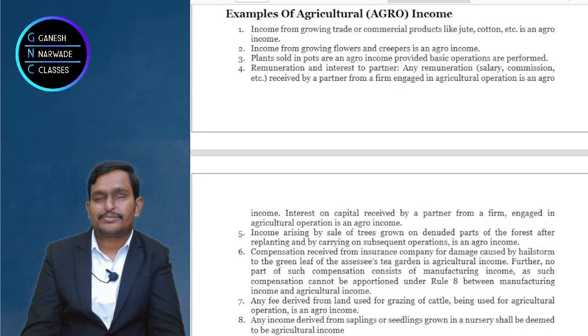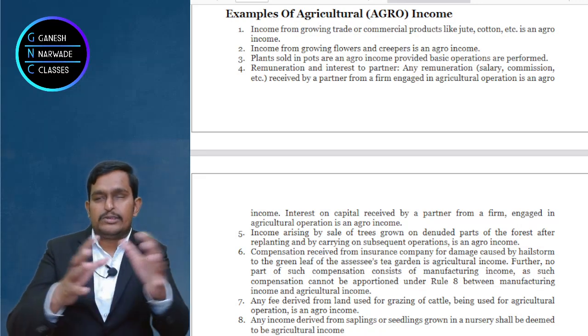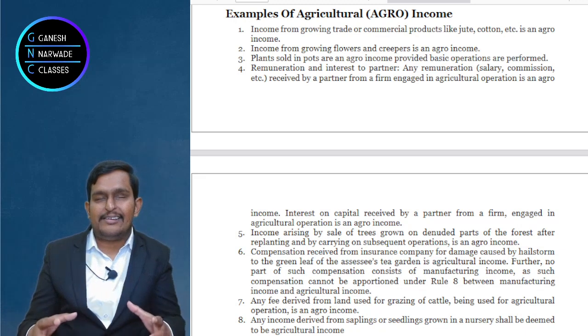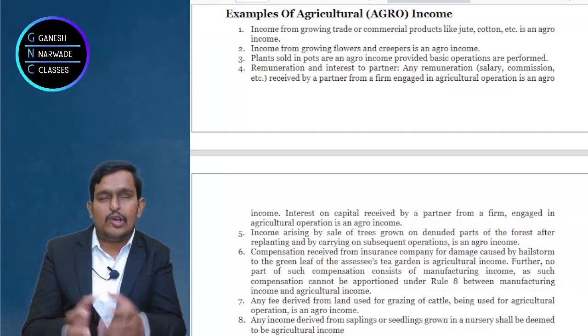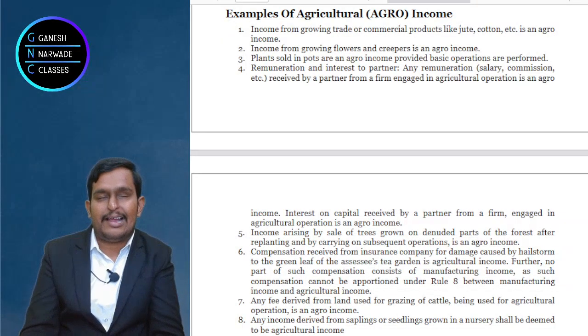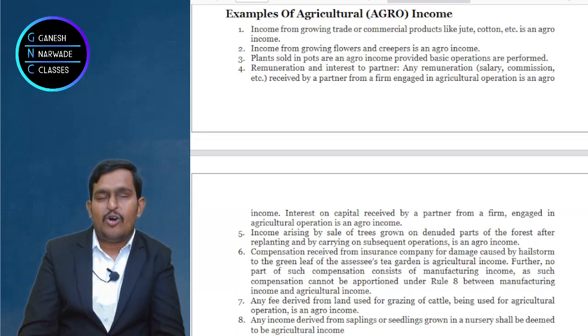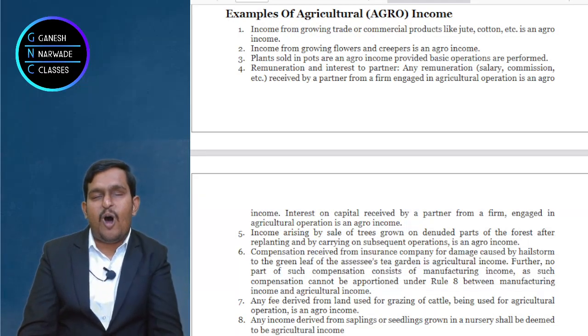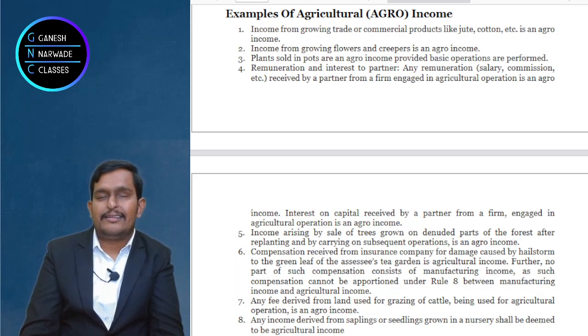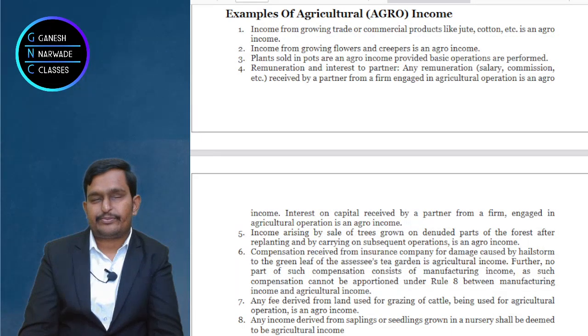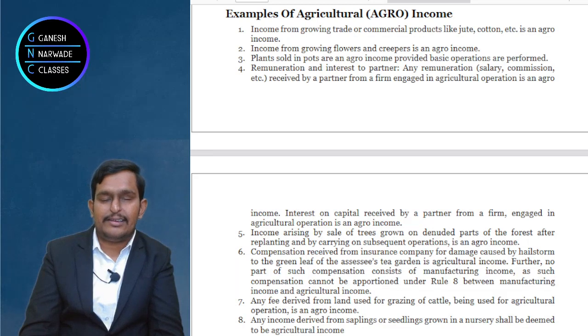Okay, if you are a partner in a partnership firm and you 3 to 4 partners are engaged in agricultural activity, your partnership is engaged in agricultural activity, right? Then your remuneration, your salary, your interest on capital, or your commission, all that is agricultural income.